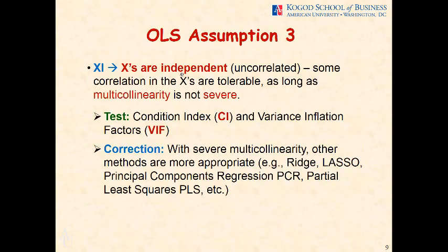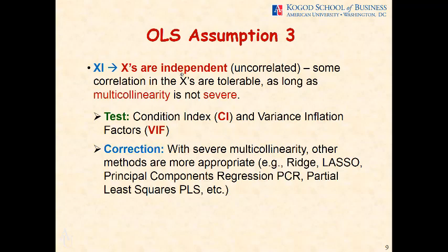Assumption 3. For assumption 3, we're saying that the predictors are independent or they're uncorrelated. We've talked about this when we were looking at correlation. We always said that a good model is one in which the predictors are highly correlated with the outcome variable, but the predictors are not correlated with themselves.